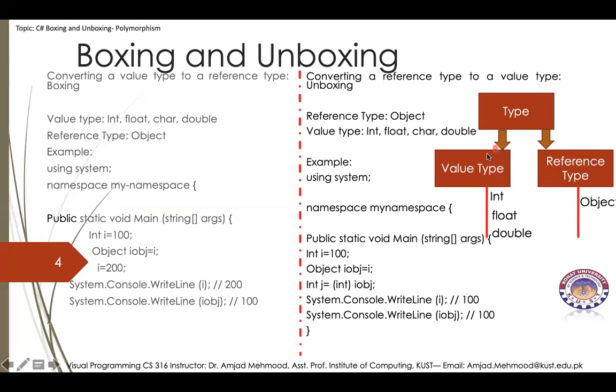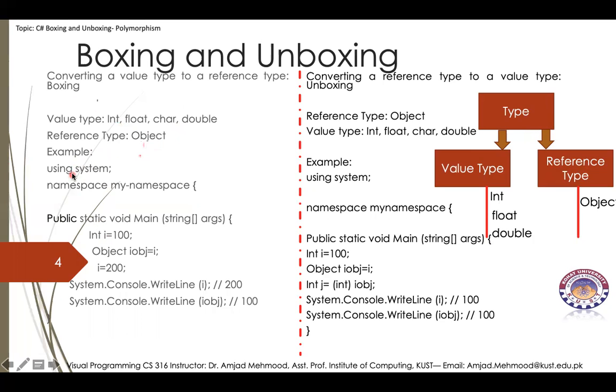And when you convert the reference type to a value type, this is called unboxing. So here you can see that we have different kinds of data types available in programming languages, especially in C#.NET. Like we have integer, float, character, double, and in the reference type we have object.